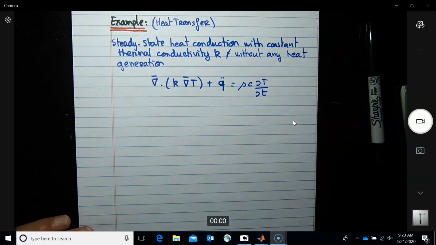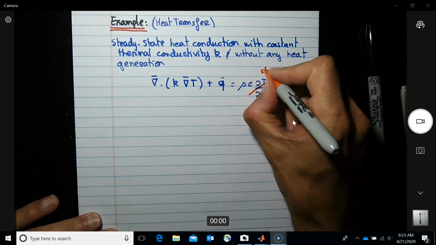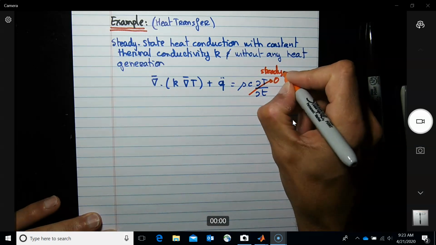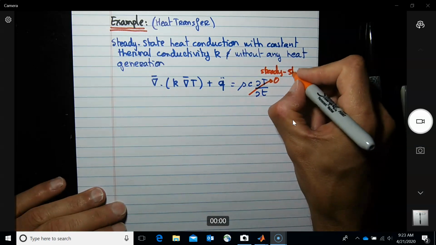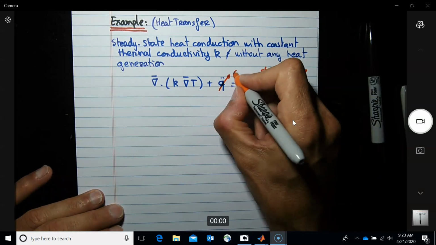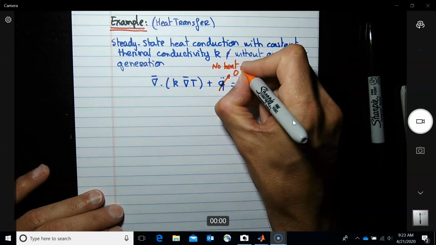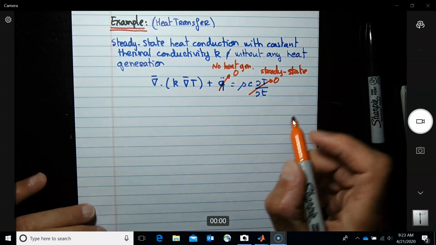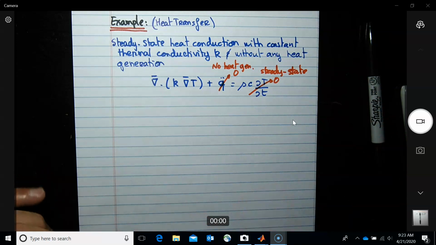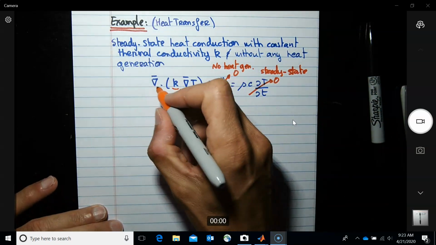But since we know it's steady state, this is equal to 0. There is no heat source, no heat generation, and k is constant, so we can move it outside.